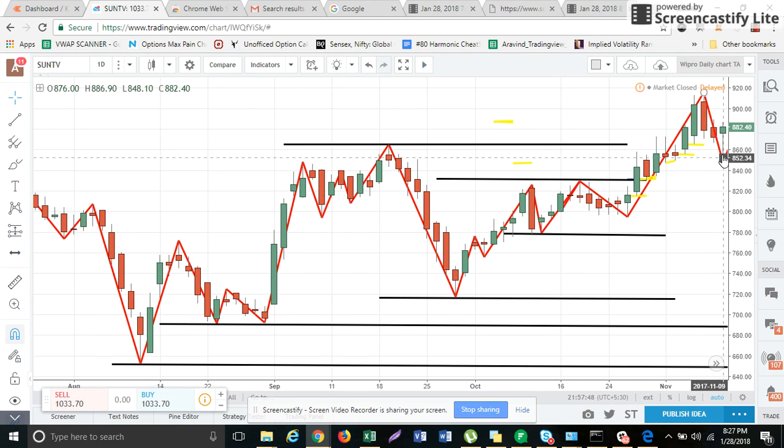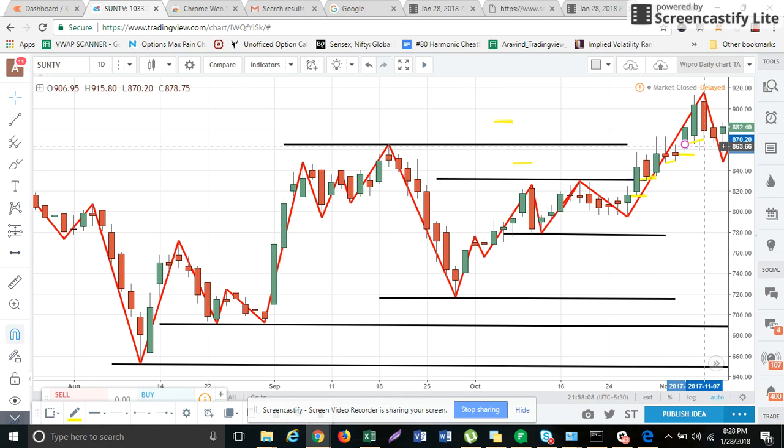So on 9th November it actually hit our stop loss and it went up. So our trade got exited at this particular level, which is 865.45.